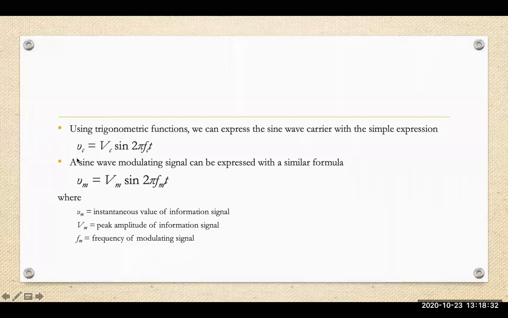Tandaan na, sine wave carrier signal: v_c = V_c sin 2πf_c t, ang carrier frequency po yan. Tandaan na. So yung v_c, this represents the instantaneous value of the carrier sine wave. Ito naman yung V sub C natin. Ito yung peak value of the constant, tandaan, unmodulated carrier sine wave. Okay.